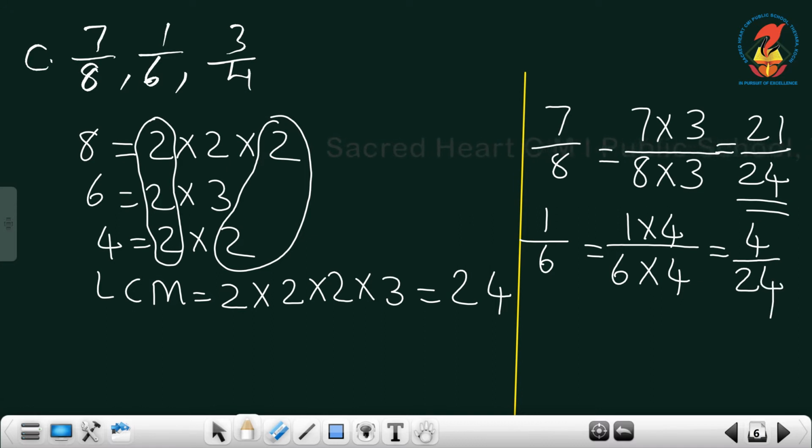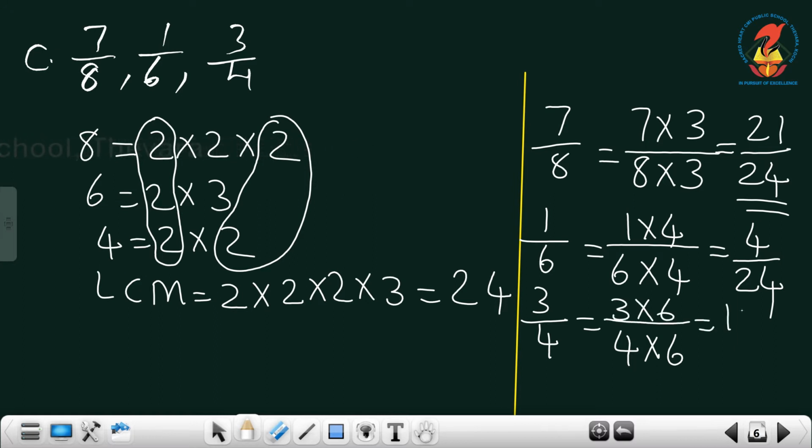And the next fraction is 3 by 4. How can we do that? 4 into which number equals 24? 4 into 6 equals 24. So, 3 into 6, so 18 by 24.